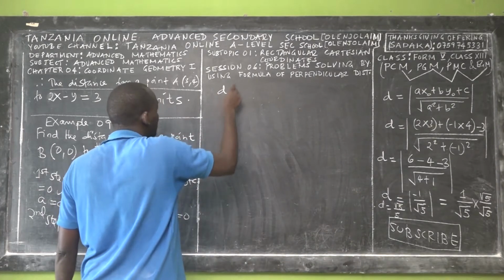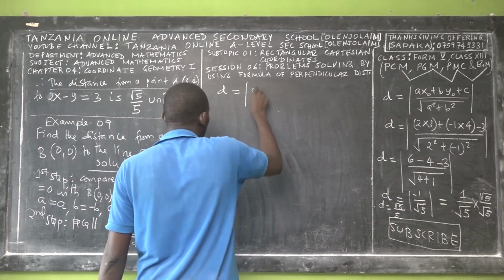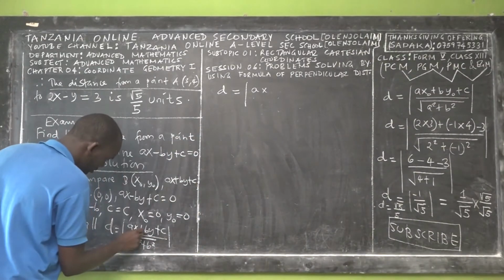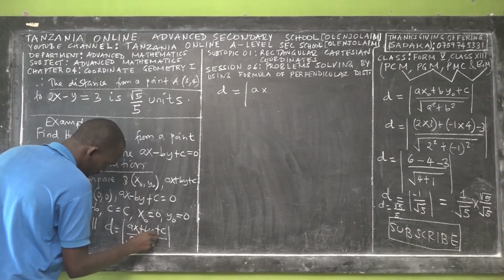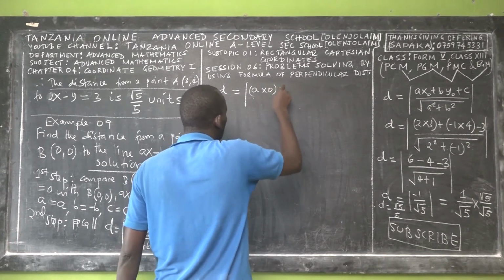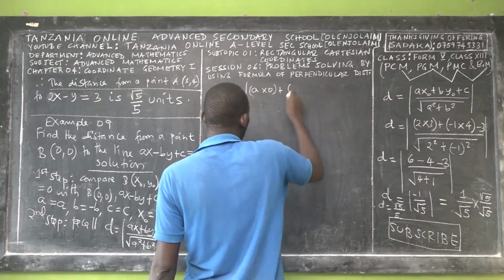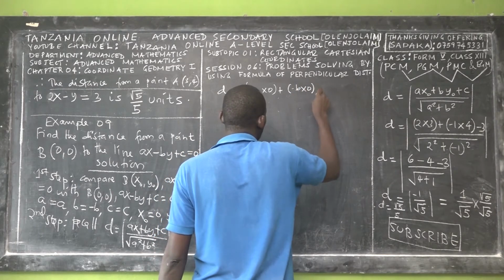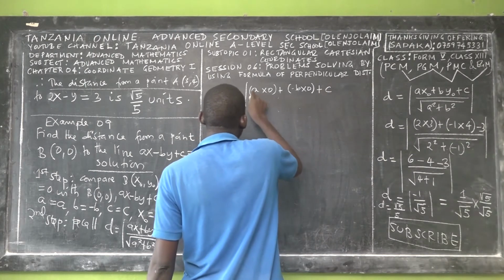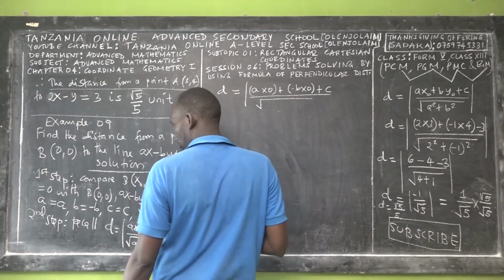So the perpendicular distance is equal to a times x naught, which is 0, plus the value of b, which is negative b, times y naught, which is 0, plus the value of c, which is c, divided by the square root of a squared plus negative b squared.